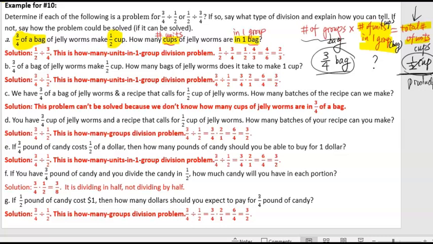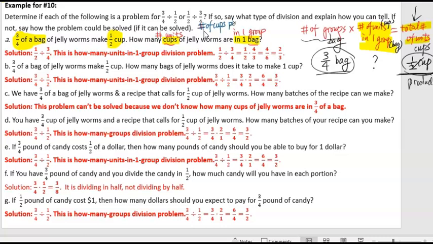The other way to look at this is, by the question, in one group means per group. So we're asking for a number of units per group, which in our case is the number of cups in one bag.